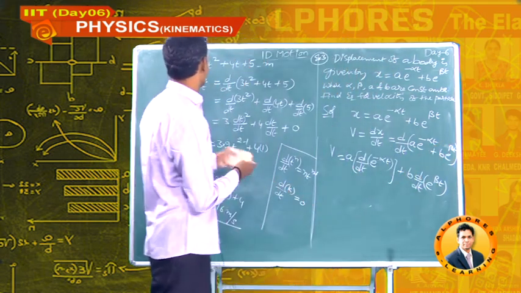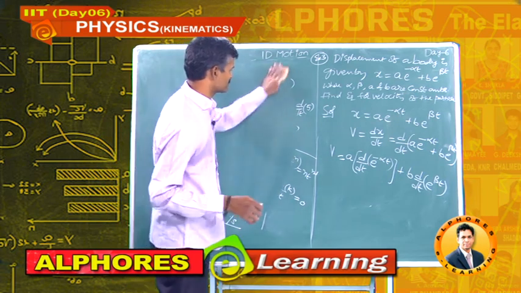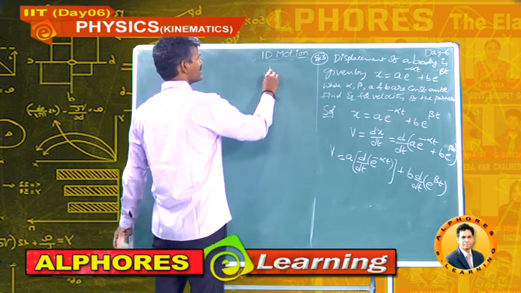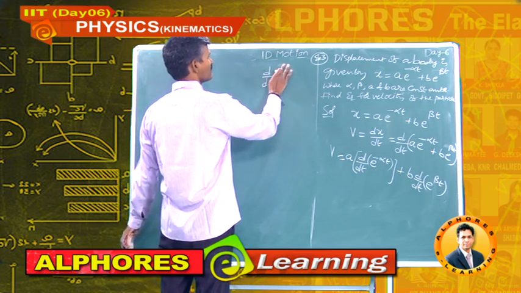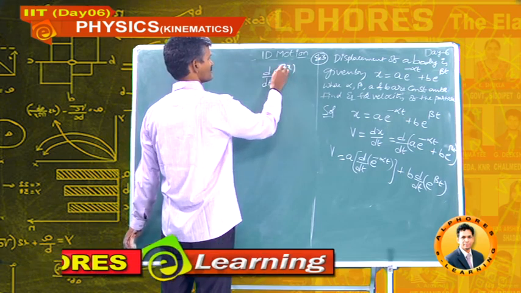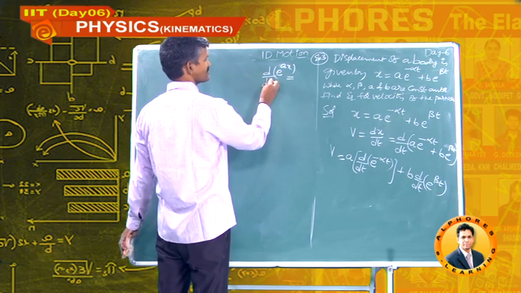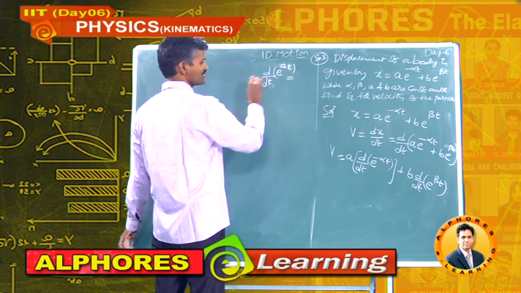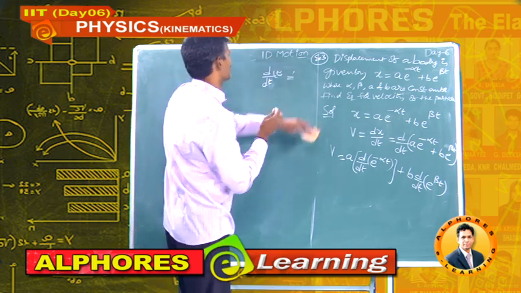Here we have to know one formula related to this problem, that is d by dt of e power alpha t.